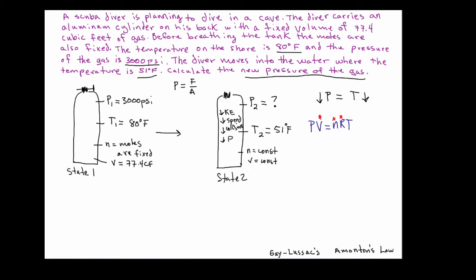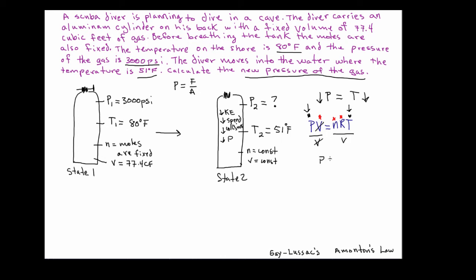And we see that the only things that are changing are the pressure of the gas and the temperature of the gas. Maybe I'll further designate these with arrows. So we're going to use algebra to rearrange this formula. Maybe I'll do this in steps. We're going to divide both sides by V.